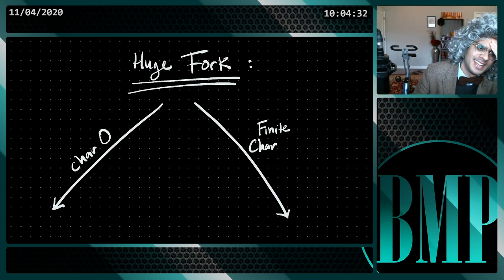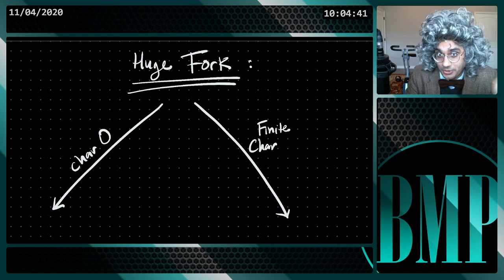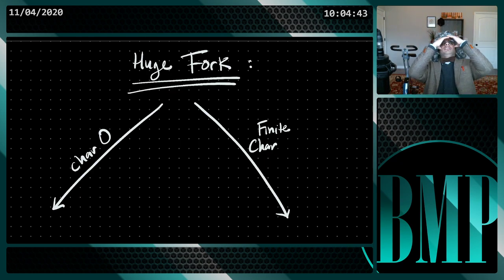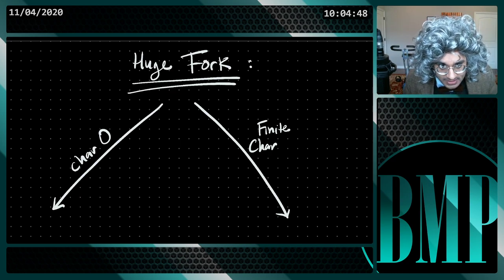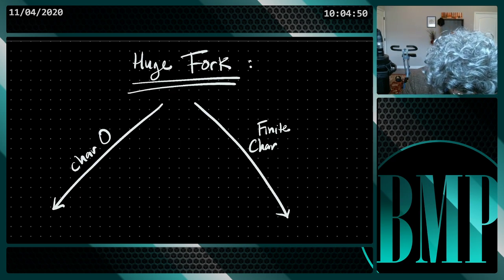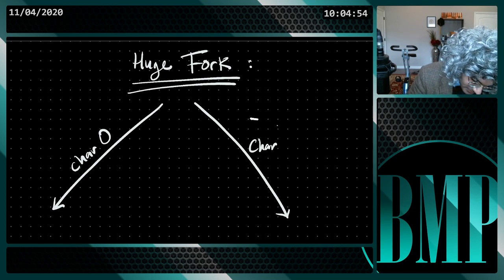Terrible notation. Finite characteristic is the phrase used for characteristic not 0. Interesting characteristic.